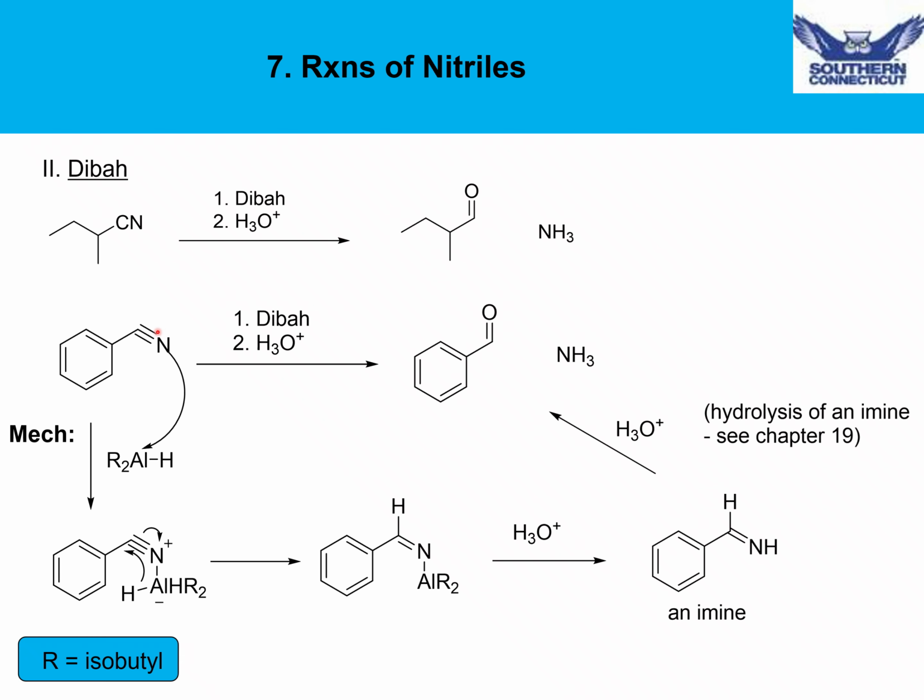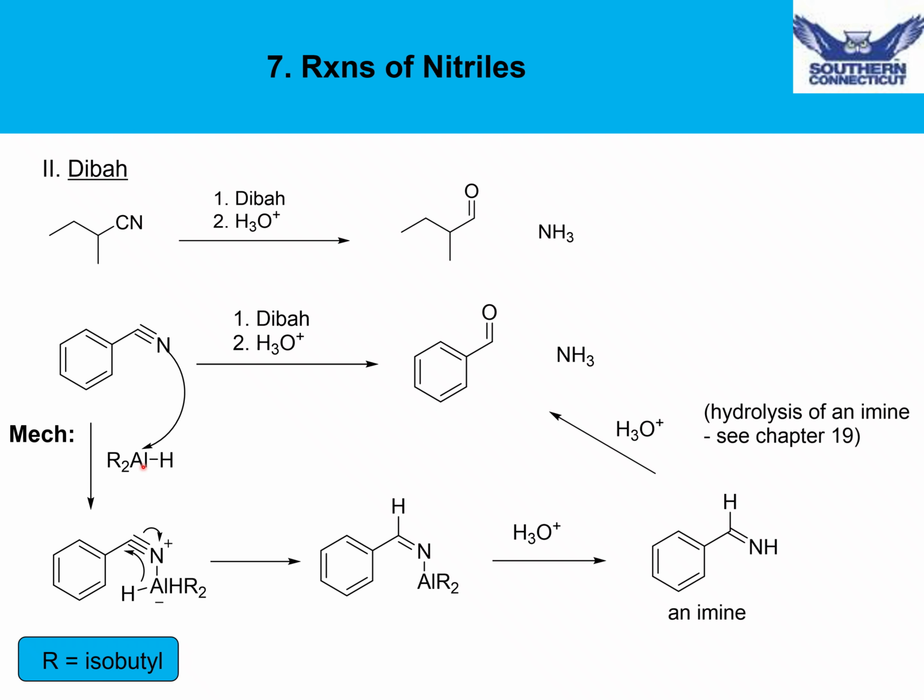So benzonitrile, when we treat it with DIBAL, it's first going to lead to a coordination between the nitrogen of the nitrile and the aluminum of DIBAL. Note that DIBAL has 3 groups around the aluminum, so 2 isobutyl groups and a hydrogen.